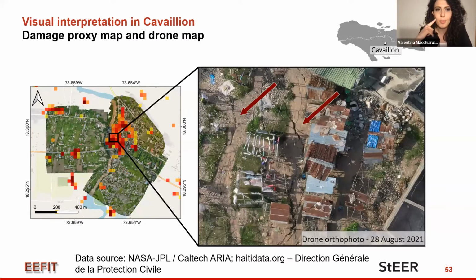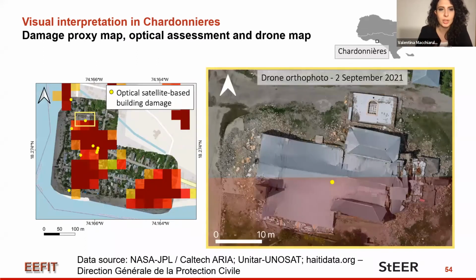In the next example, the damage proxy map in the next slide has been evaluated in combination with some results of the optical assessment that we saw in the previous slide, and drone orthophoto acquired over the area of Cavaillon.